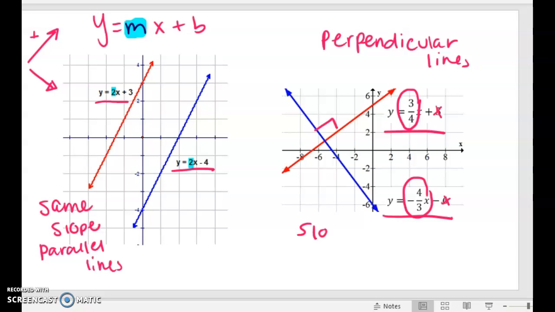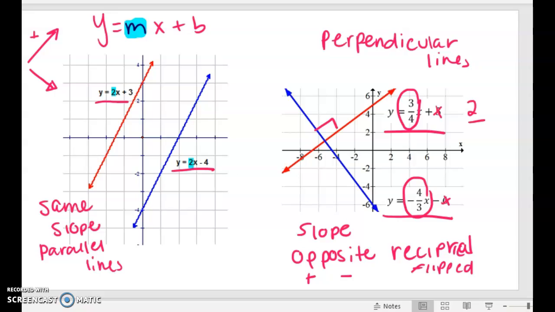These slopes are called opposite reciprocals. Opposite means that one of them is negative, one of them is positive. Reciprocal means flipped. So for example, if I have a slope of 2 over 1, then if it's the opposite, it'd be negative, and if it's a reciprocal, then it would be 1 over 2.